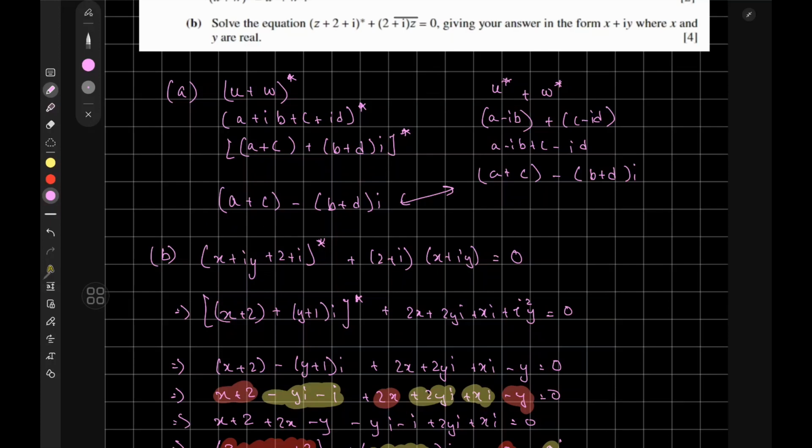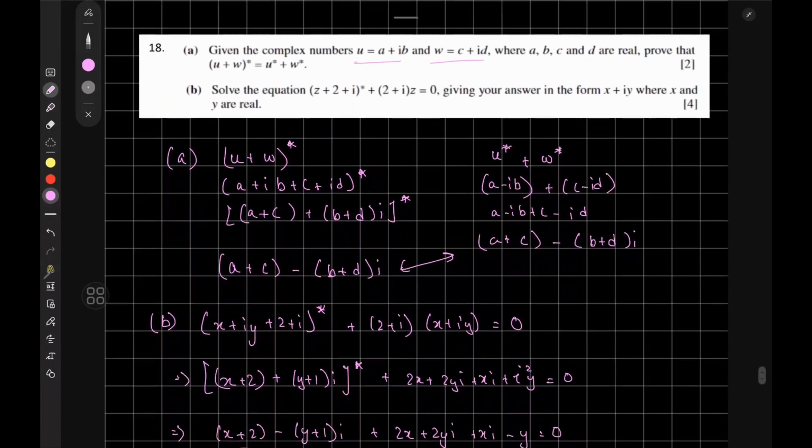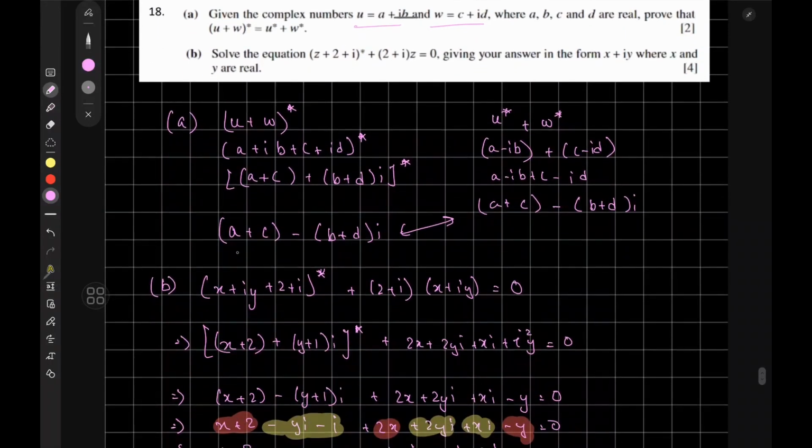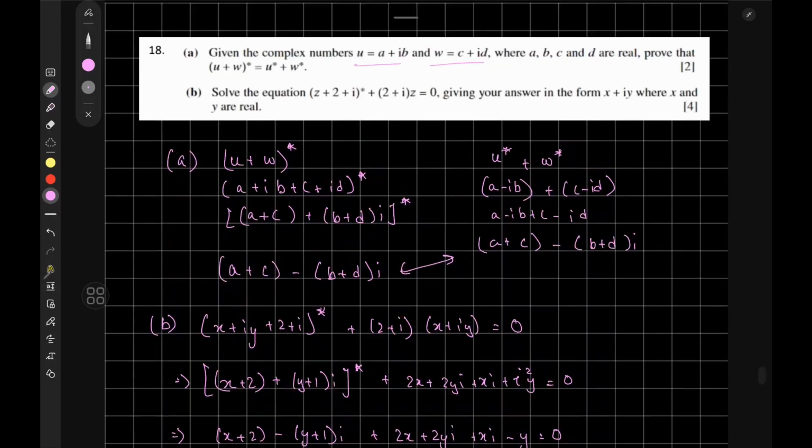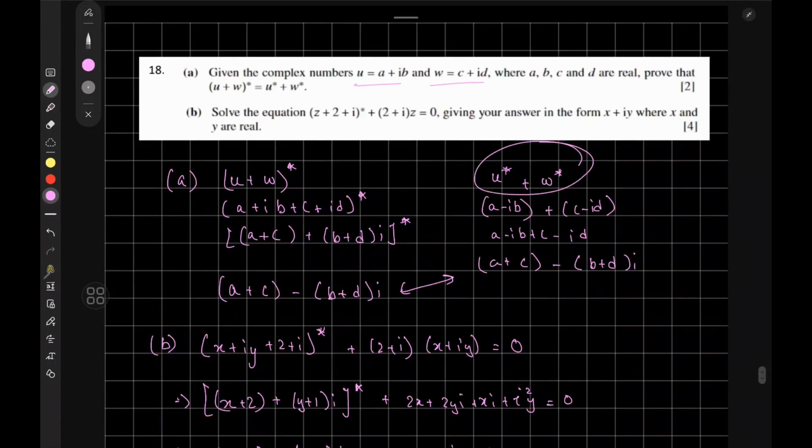Since the purpose of a complex number is basically just adding or changing the positive into a negative. That is it. So now you have answered the question, partly, as you have shown the conjugate value of u plus w as a plus c minus b plus d whole multiplied by i. This is the expression that you're supposed to get after you expand this as well.